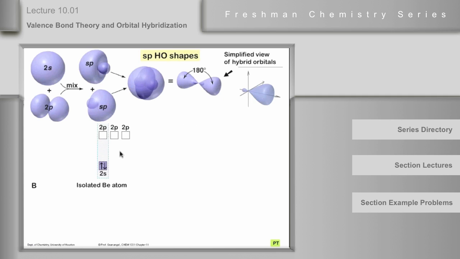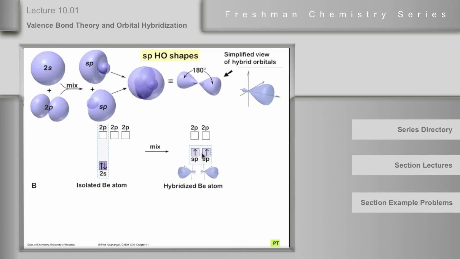So if we go back to our energy level diagram, here's 2s2, 2p nothing for the isolated beryllium atom, and if we mix them mathematically, they produce two sp hybrid orbitals. Since there's two electrons and these orbitals are equivalent and have the same energy, we'll put one electron in each one in order to follow Hund's rules.